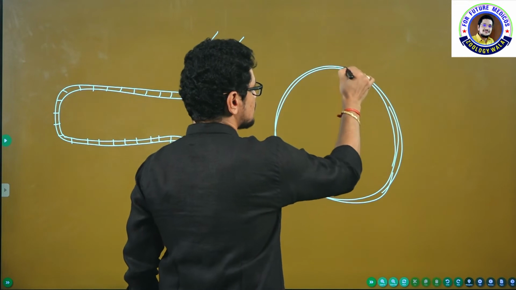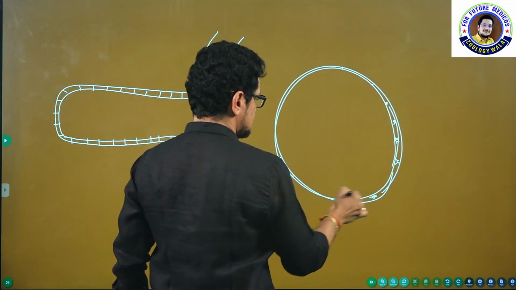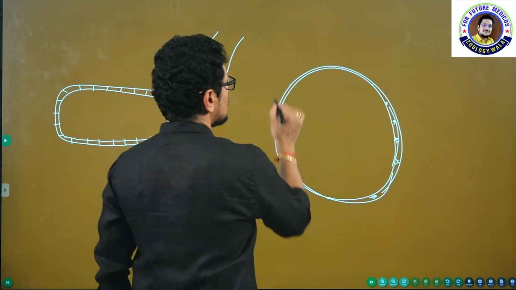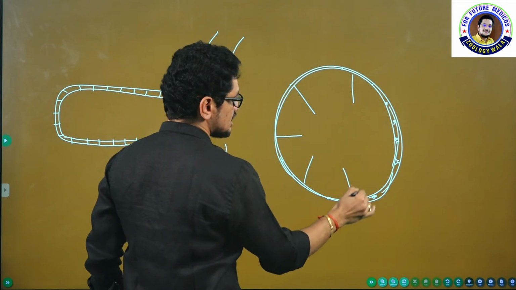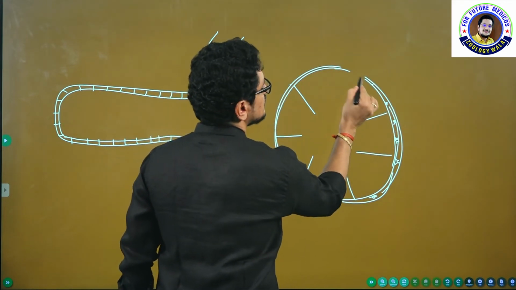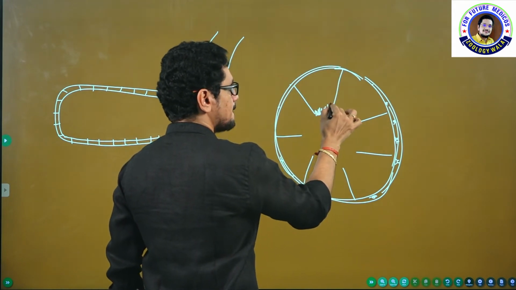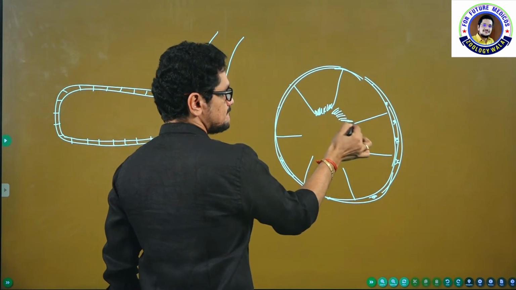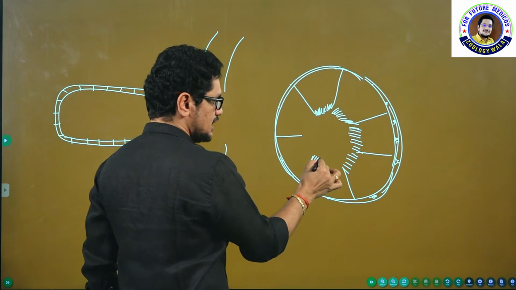Of course, longitudinal muscles are also present, but we don't require them. The components we require here are glandular ciliated cells. See here, these are the cilia.